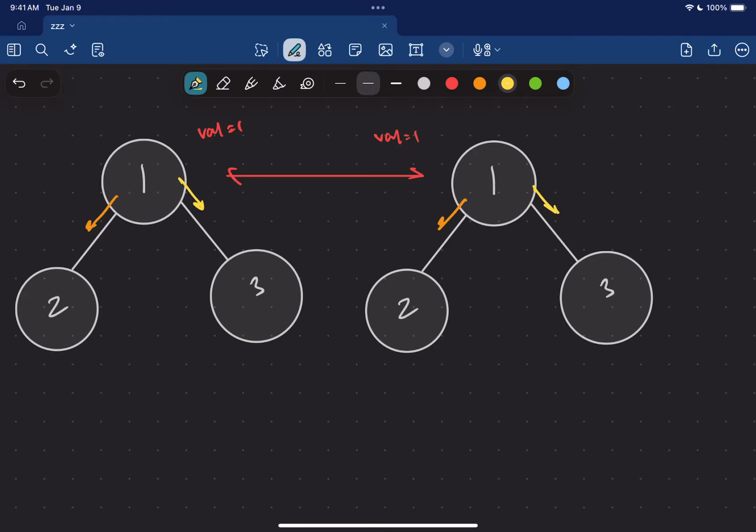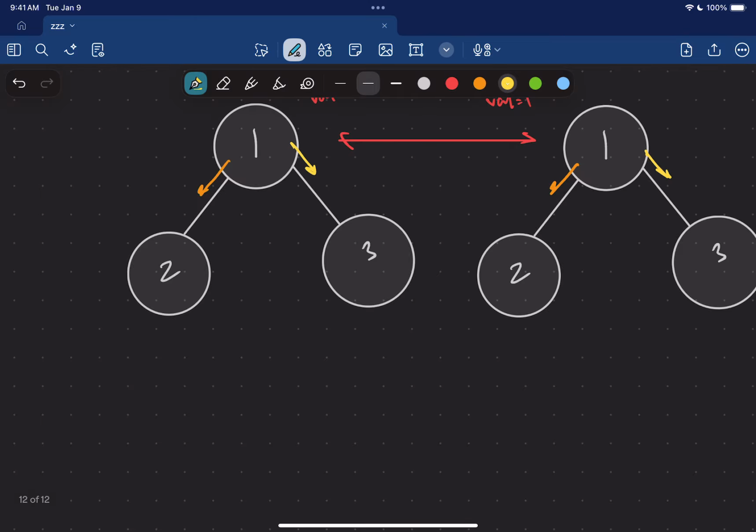Okay, so again, let's think about some ways. We can continue this. So now for the oranges, we would say, hey, let's compare these two, because we called them from the same place. If we get here, we know that the parent node to this node had already been considered equivalent. Now we can do the same thing.